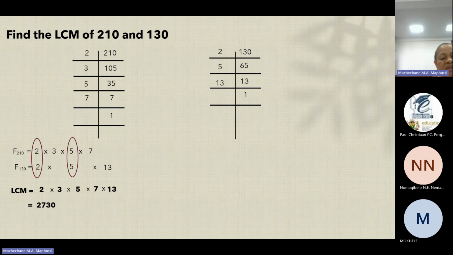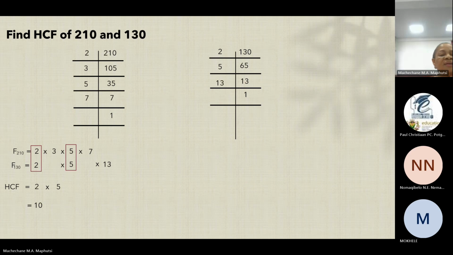This one will be your lowest common multiple. So let's go back a little bit, to the previous slide. I just wanted to show you the difference between what we are doing here. Highest common factor, what did we do? We used any method. In this case, we used the ladder to find the prime factors of those two numbers, and we listed them.